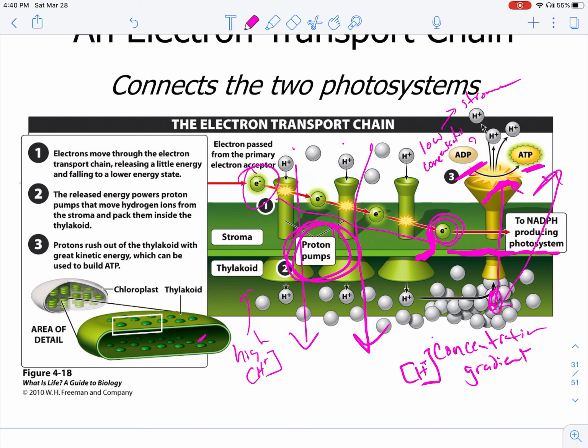And so here we have this high energy electron. The energy from that electron is used to force protons into the thylakoid. Those protons want to get out. And so the only way they can get out is through ATP synthase. And so ATP synthase harnesses them to make ATP from ADP and inorganic phosphate as they go back into the stroma.